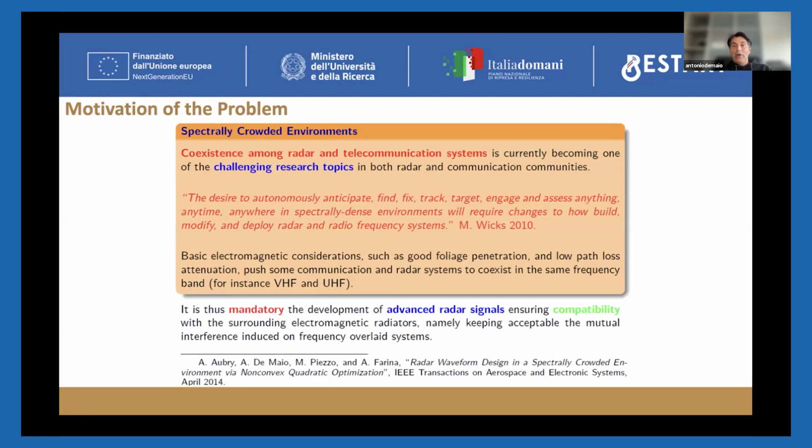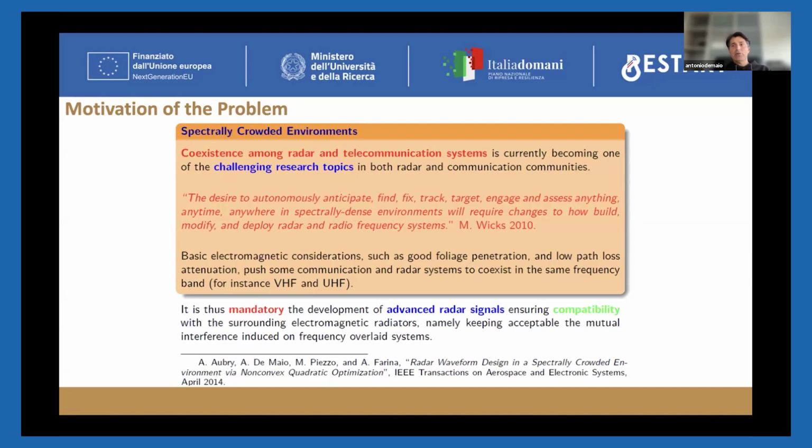Actually, Dr. Mike Weeks immediately recognized that the mentioned RF spectrum congestion problem calls for new sensing methodologies capable of enabling a smart and efficient spectrum utilization, accounting for the time-varying behavior of the emitters in the operative scenario.